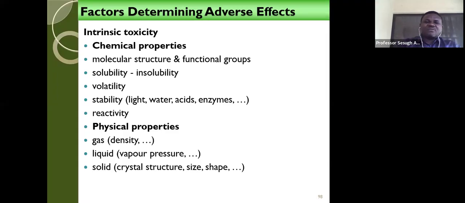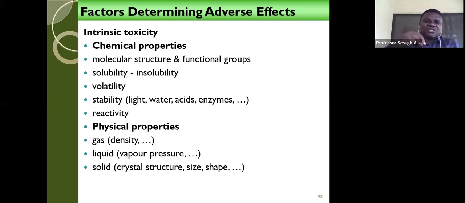And then there are some that are naturally soluble, okay? And there are some that volatilize very easily. There are some that are stable in the presence of light, or they are not stable in the presence of light, or when they mix with water.